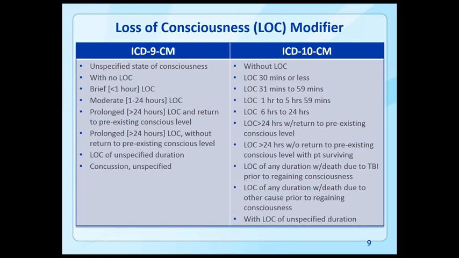So for the brief loss of consciousness, less than 1 hour, moderate loss of consciousness 1 to 24 hours, and prolonged as being greater than 24 hours. So a lot less specificity in 9-CM compared to 10-CM. If we look over there on the column that's labeled ICD-10-CM, you can see that there's even more categories available.